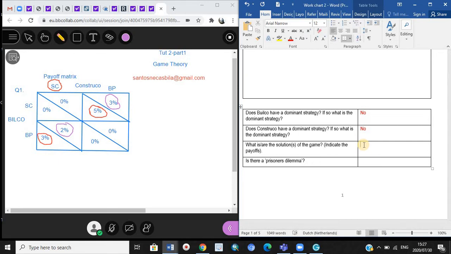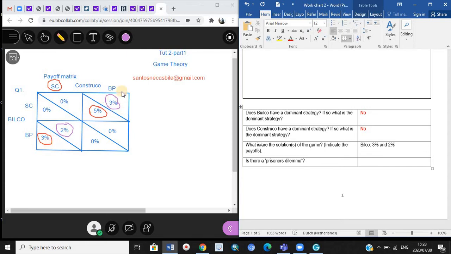What is or are the solutions of the game? Indicate the payoffs. Okay, that's easy. We will say that for Bilco it is 3% and 2%, because it is this one.